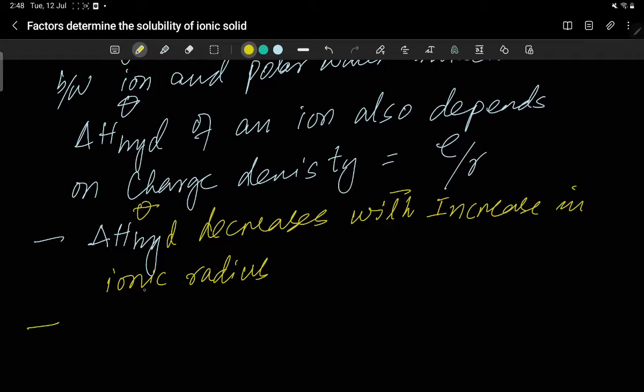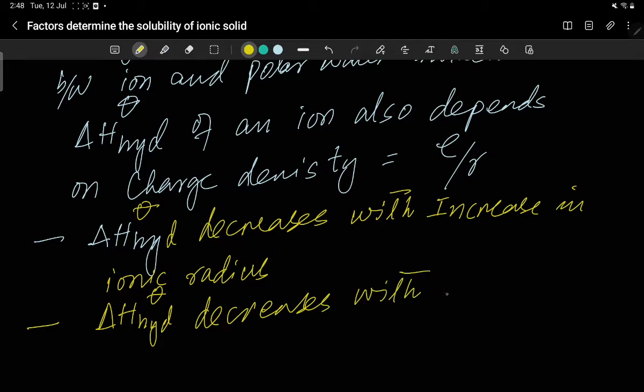And the enthalpy change of hydration decreases with increase in ionic charge.